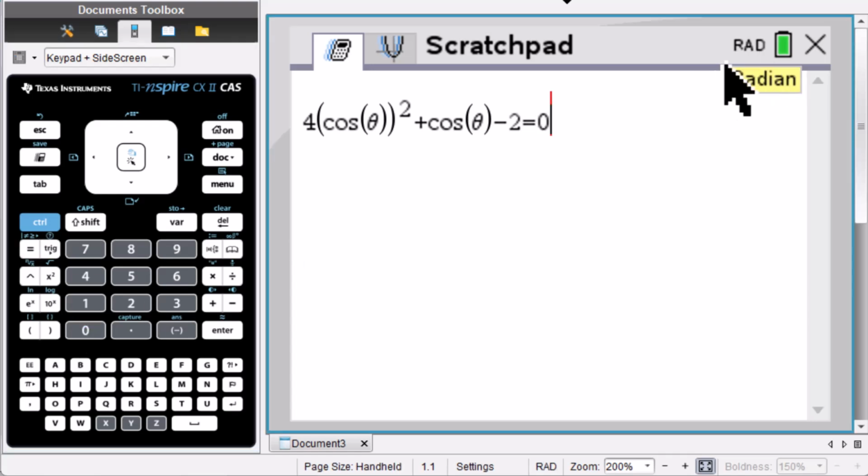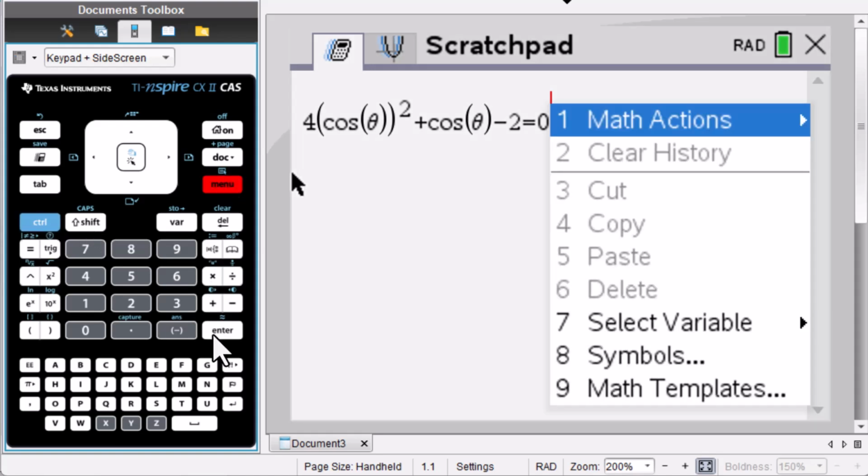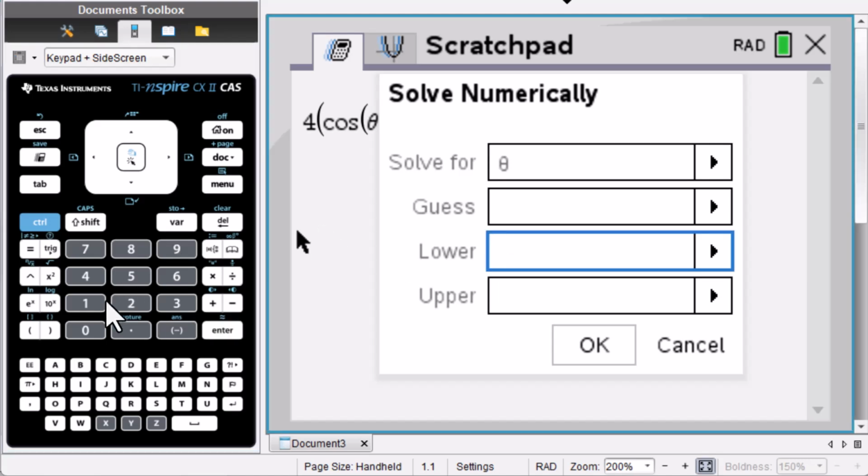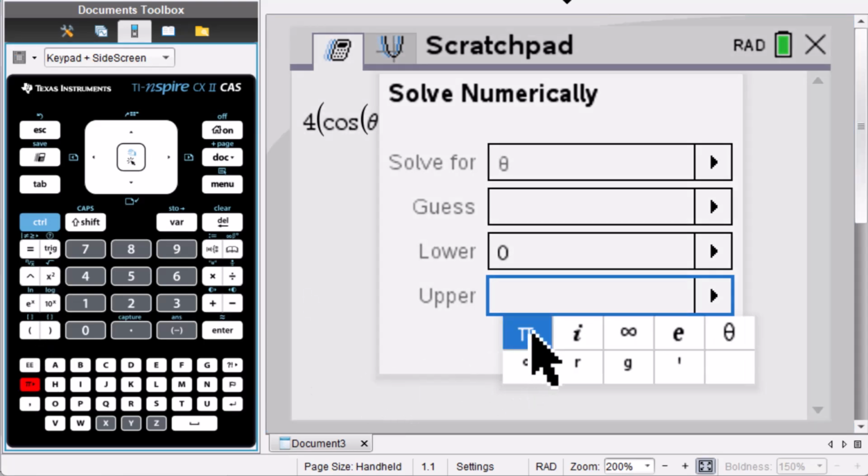Change this into radians. Control menu, enter, enter. The lower bound is 0. The upper bound is pi over 2.